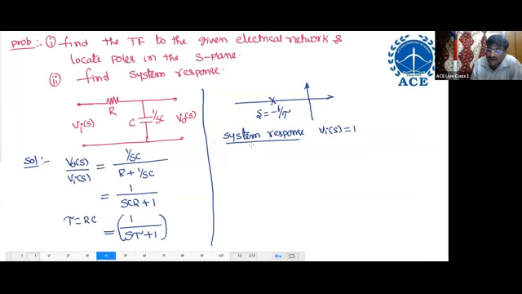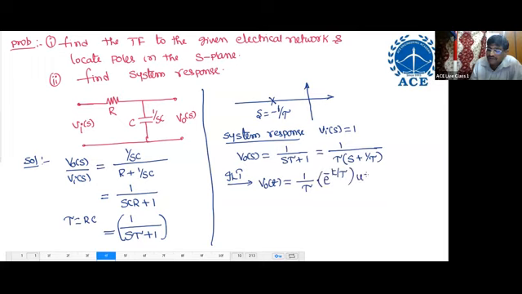Then V naught of S equals 1 by S tau plus 1. Take tau common: 1 by tau, over S plus 1 by tau. Apply the inverse Laplace transform. Then V naught of t equals 1 by tau e power minus t by tau, times u of t.